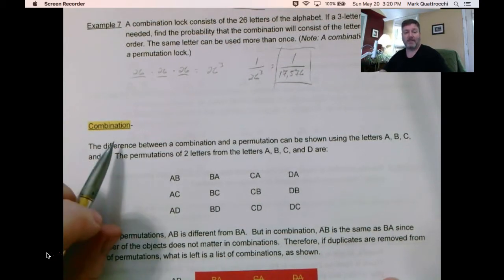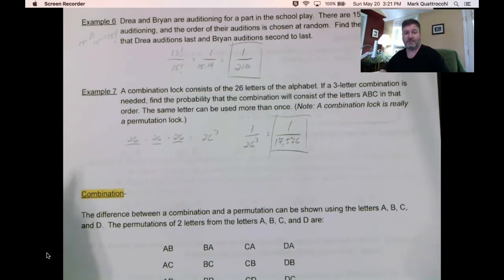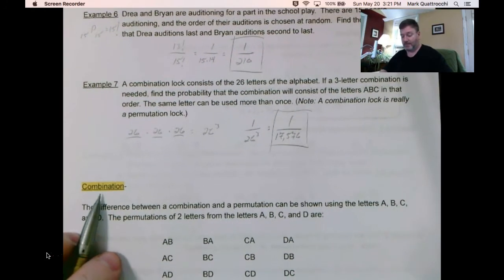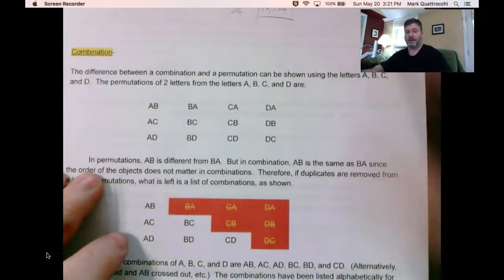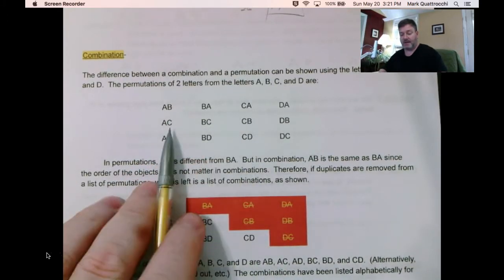All right, now that we mentioned combinations, order does not matter. That's why a combination lock is not a combination lock. It's a permutation lock, because the word combinations in math means the order doesn't matter. In other words, there's no difference between AB and BA or CA and AC.